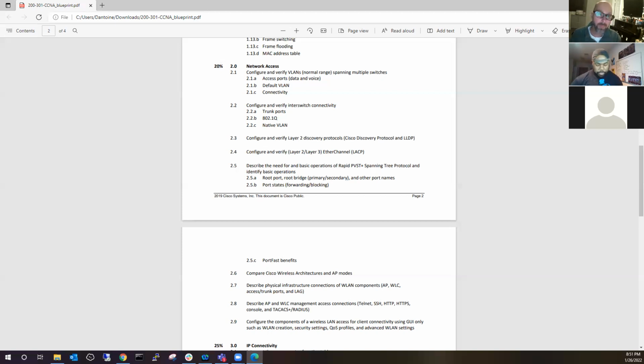Tell me about CDP, how to configure it and how you would verify, and tell me about LLDP, how you configure and verify. Okay, so CDP is to discover other devices. To enable CDP, it's CDP enable, and then LLDP is LLDP run.